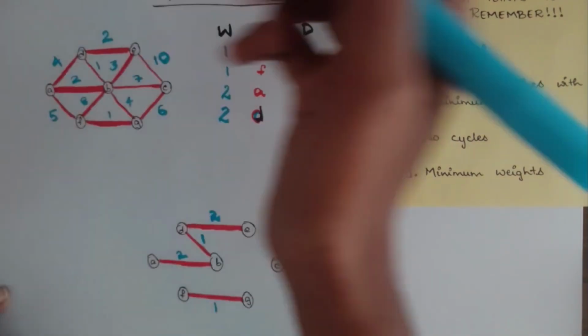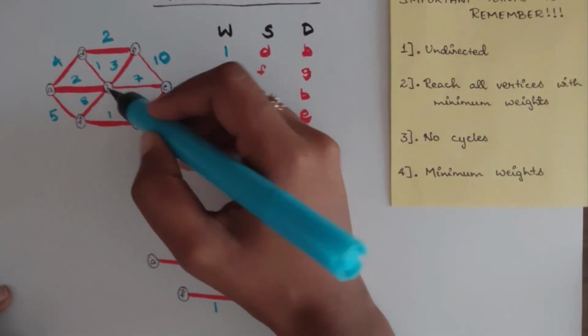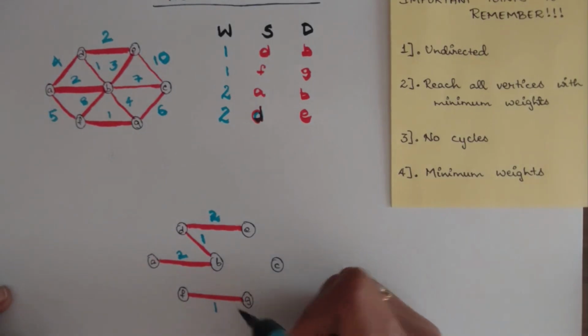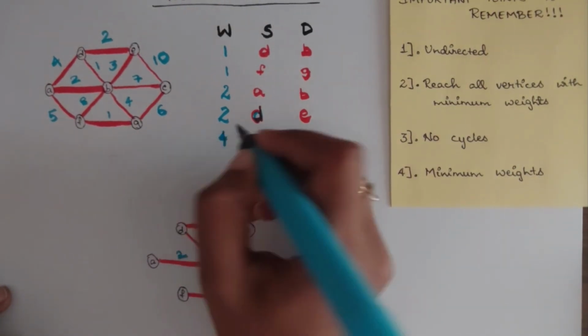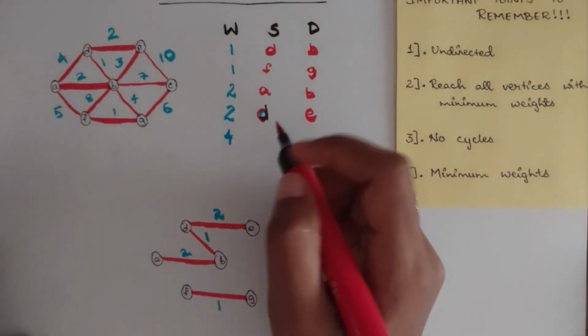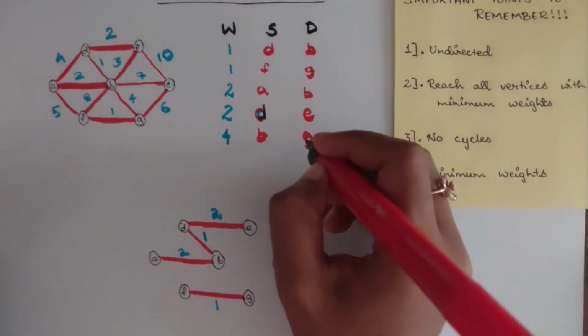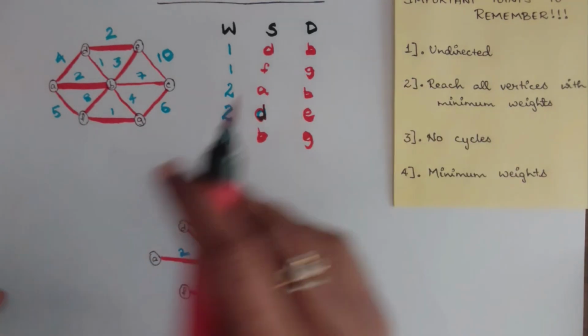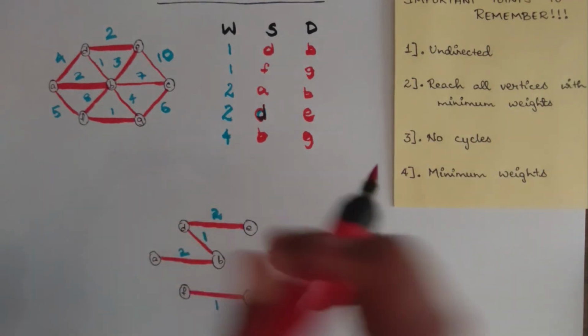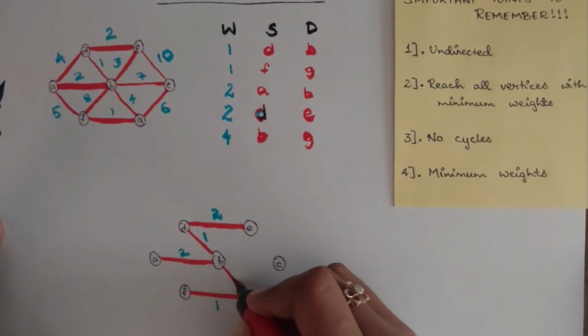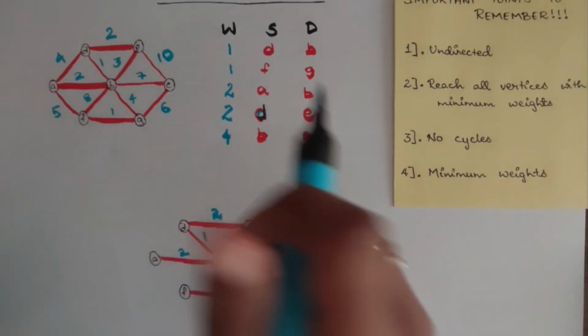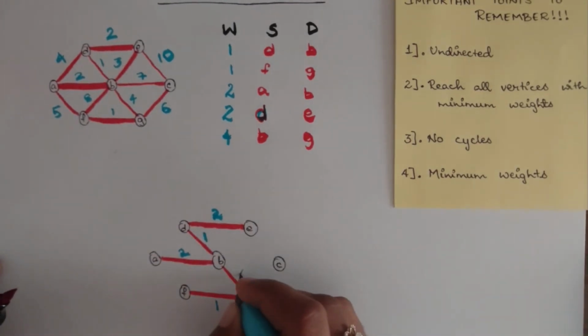So that is also not taken into consideration. We take another edge of weight 4, which is from B to G. So from B to G, we can take 4.